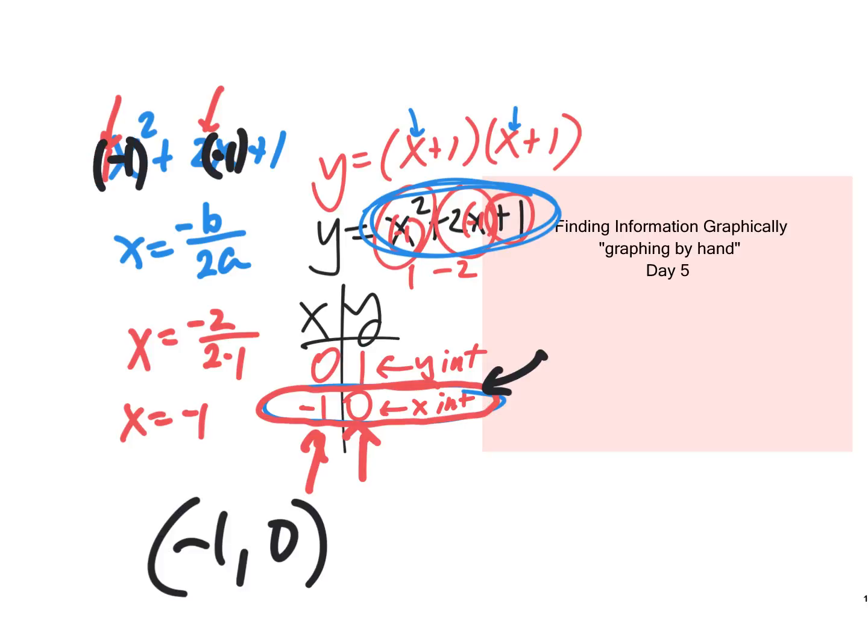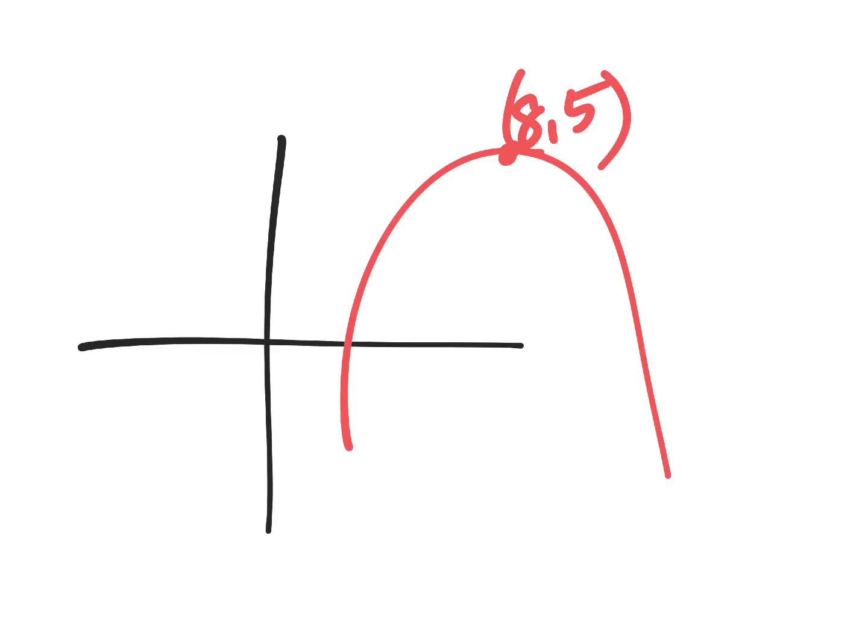One more time for graphing by hand. They give you a graph, and it's like this. And this spot is (8, 5). You should be able to tell a whole bunch of stuff from that. Oh, wait. Let me tell you 2 more things. I'm going to say that this is 3, and this is 13.